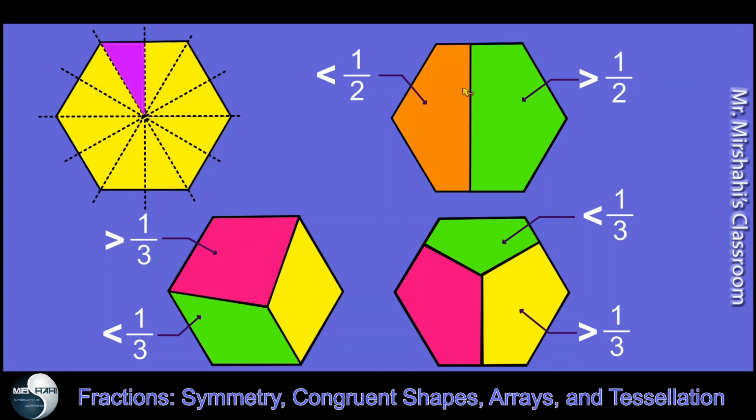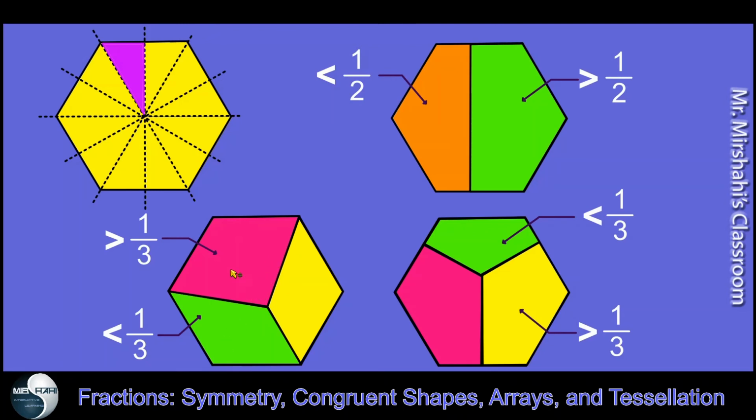So if I look at this one, I know this line is not in the middle. It should have been there. So I don't know what fraction this is. I don't know what fraction this is, but I do know this is less than 1/2, and I do know this is more than 1/2. Here, the center is not there. Remember, connecting opposite points makes a line of symmetry, so that center should be somewhere there, along this line.